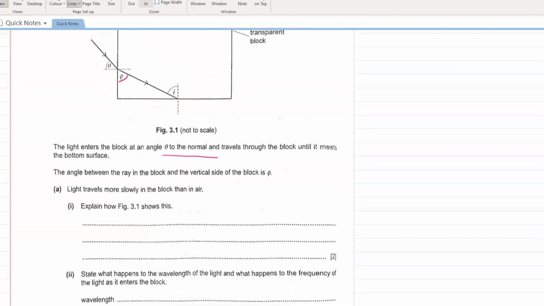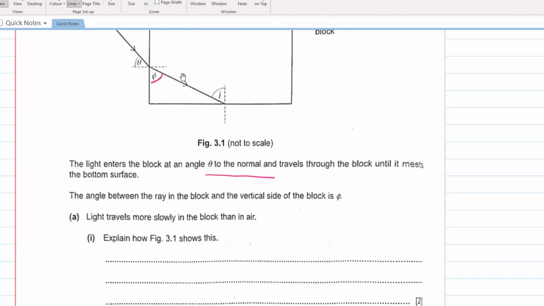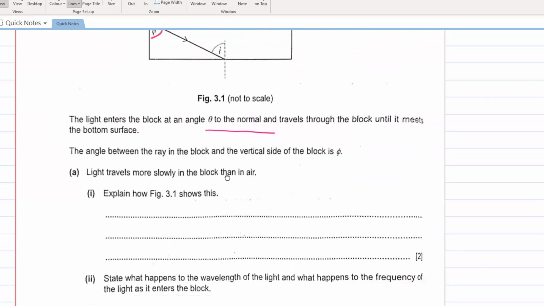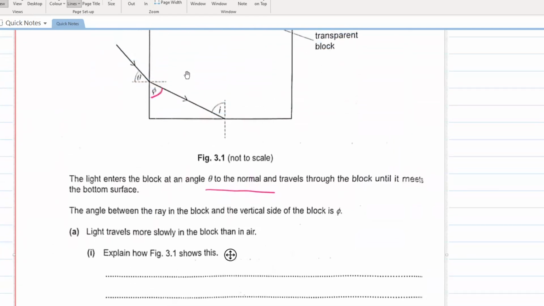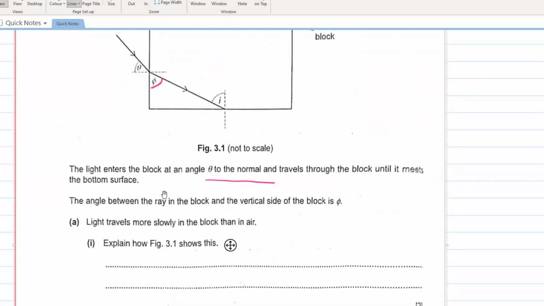Very, very easy. You can see light bending towards the normal. This indicates that light is going from a less dense material to a more dense material. Hence, light is traveling slowly.